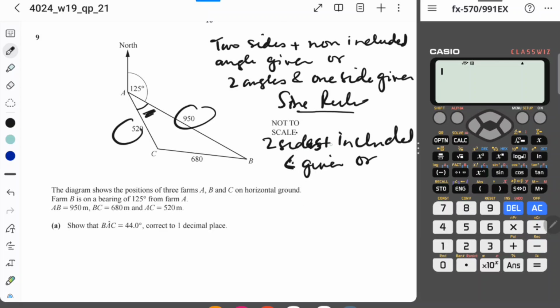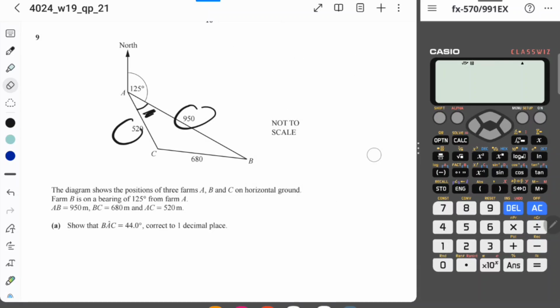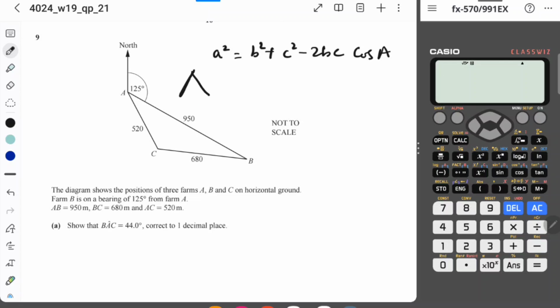Then you can find out the third side with the help of the cosine rule, or if all three sides are given, then also you use cosine rule to find out the angle for any triangle. Okay, so right now we are using the cosine rule, but what is the cosine rule? This is a square is equals to b square plus c square minus 2bc cos of a. I'm explaining in few questions, remember.